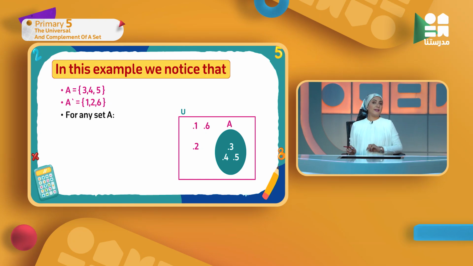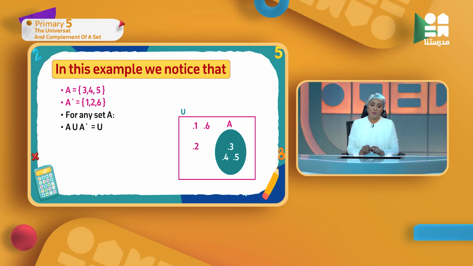These are facts. هنقول دلوقتي some of the facts concerning this lesson or this part of the lesson. A union A complement is equal to U. زي ما احنا شايفين في الدايجرام ده ال elements in the set A are 3, 4, and 5.